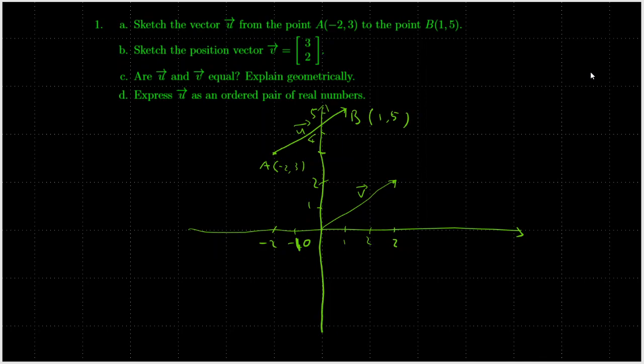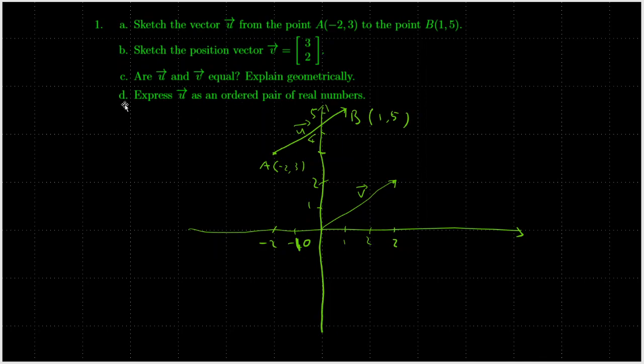Mention 2 things using the definition. They point in the same direction, right? That's one thing. The other thing is they are equal in length. They have the same length. Mention 2 things: the same direction and the same length.